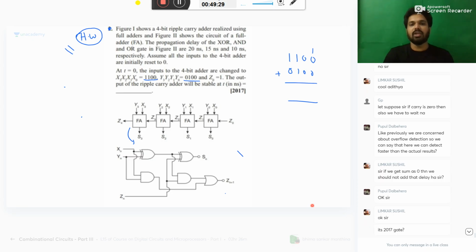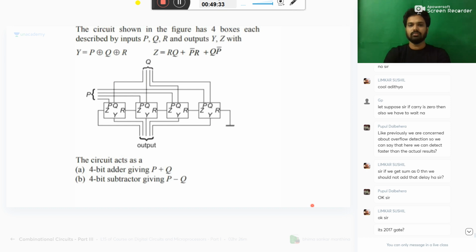Similar to adders, you can cascade subtractors also. Yes, Sushil. So this question, I will give you the options.